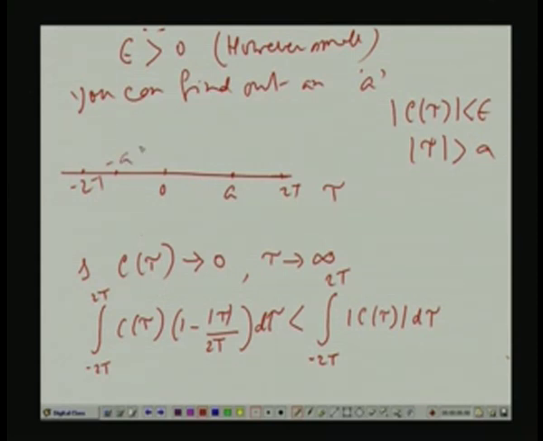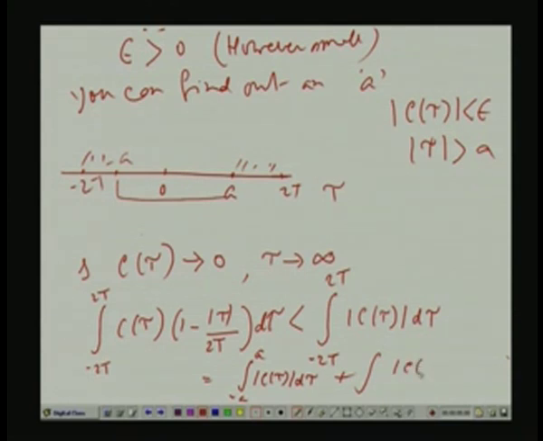Okay. If that be the case, this right hand side integral here I can write as a summation of two integrals, one from minus A to A, C tau d tau, and another, that is, once you integrate over this period and then integrate over the remaining period, this part and this part.